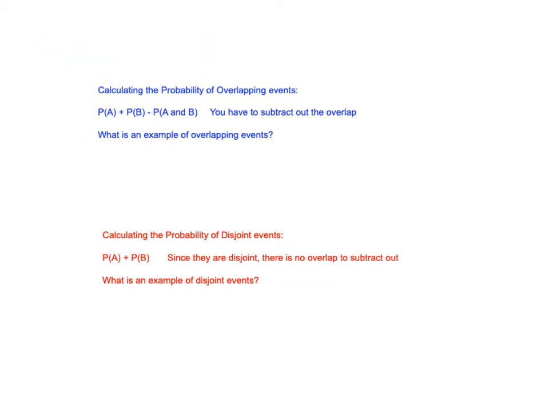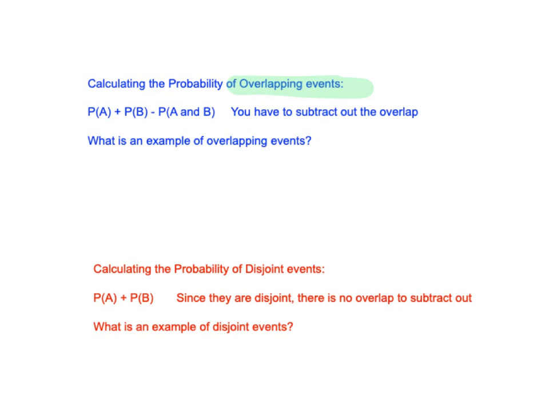So when you're calculating the probability of events that are overlapping, that means you have two probabilities and you have to subtract back out that overlapping part because you don't want to count it twice. So to count overlapping events, you're going to add your probabilities together and then subtract out the overlap. That's that blue part there.